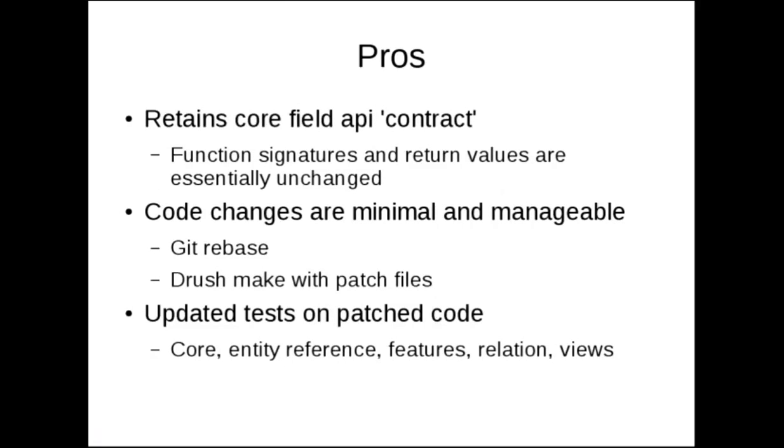So we're talking about the contract, the function signatures, and what they return, all that stuff. From a coding standpoint, I haven't really messed with anything. I feel like the changes I've done here are minimal and manageable. Using things like Git with its rebase functionality makes this simple. Who's familiar with using Drush with Drush make?